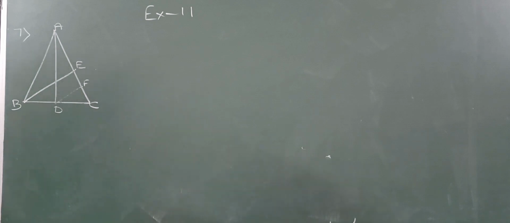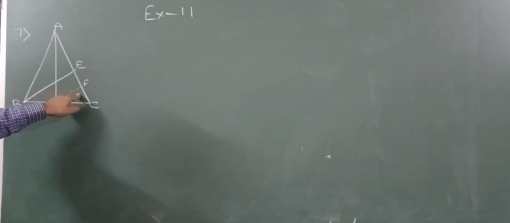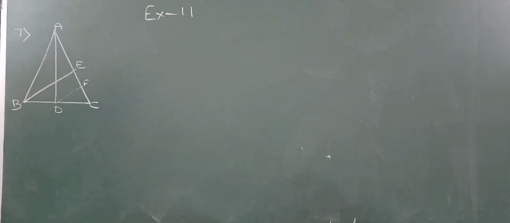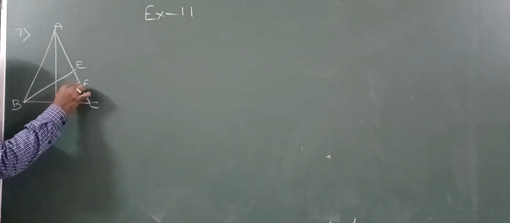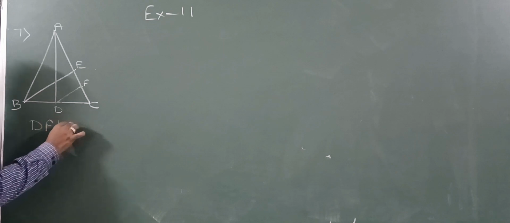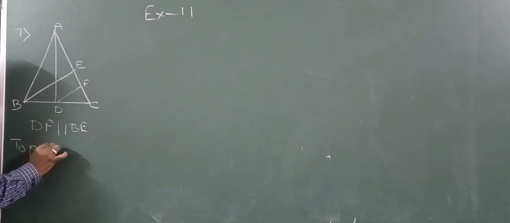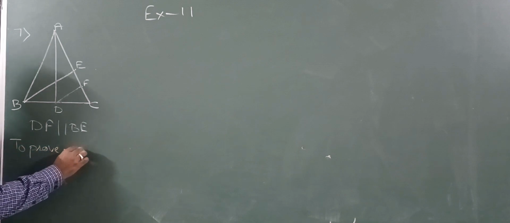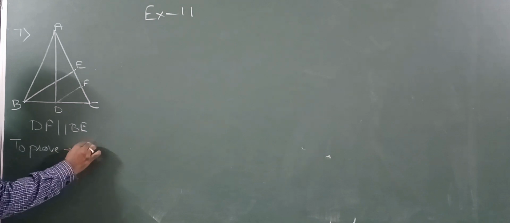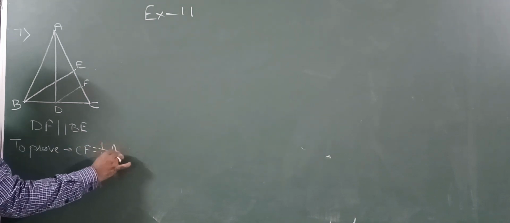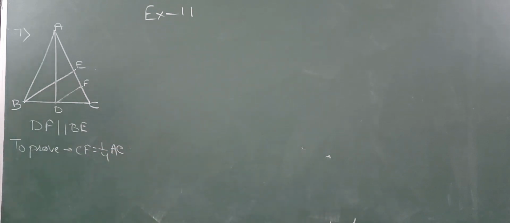Now the question asks that if DF is parallel to BE, this is given to you, we have to prove that CF equals 1/4 AC. It's very easy, but focus on two things: what to prove and how to prove.